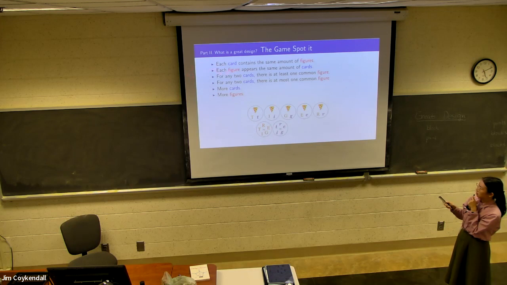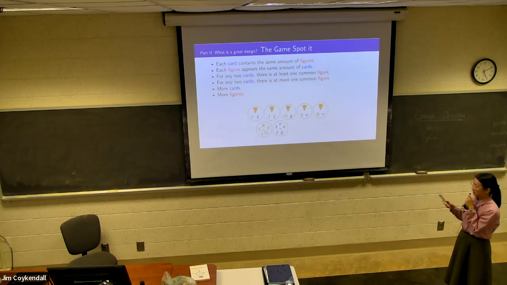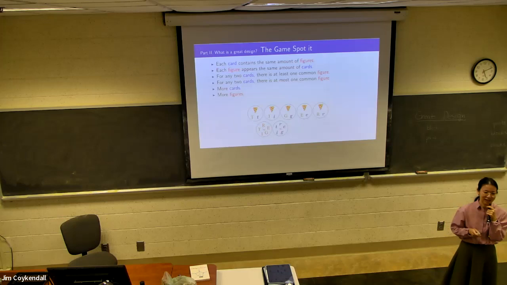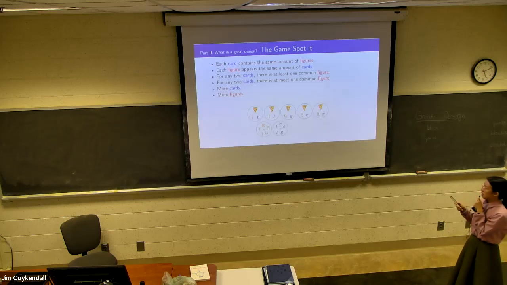Another one: each figure appears the same number of times across the cards. If you get the pizza all the time, then I don't have to worry much. I just prepare to shout pizza. So we may require each figure to appear the same number of times.